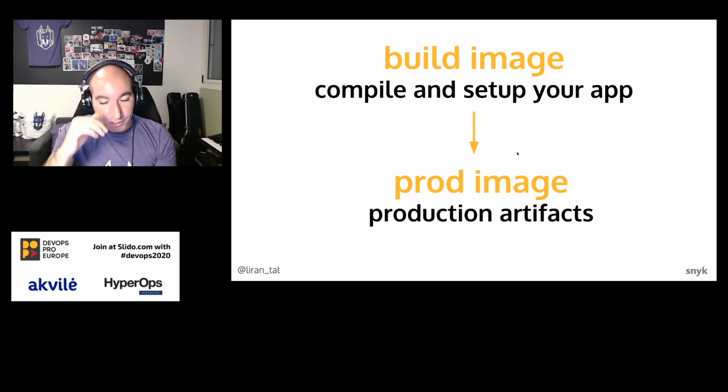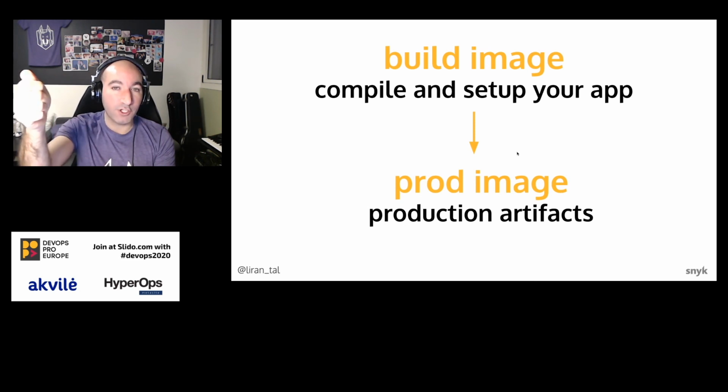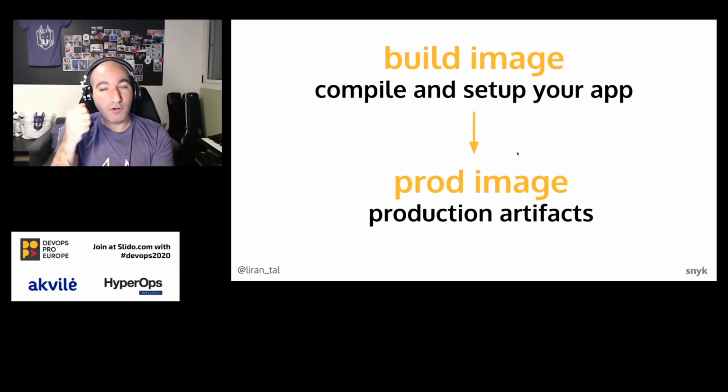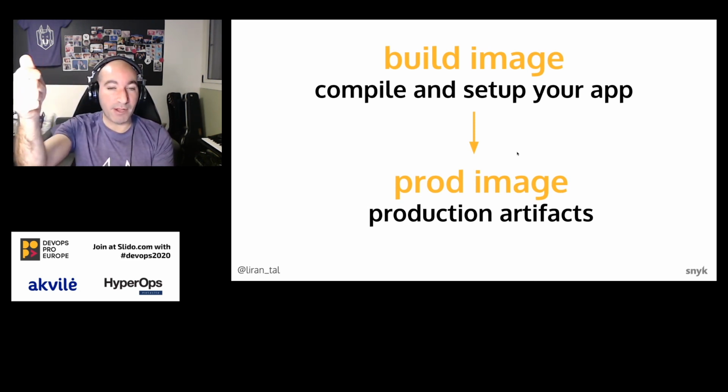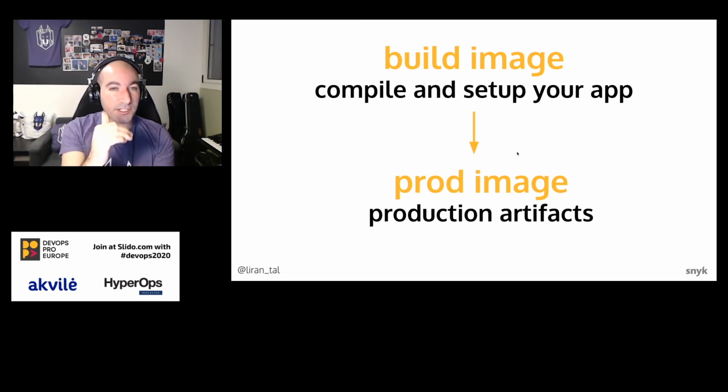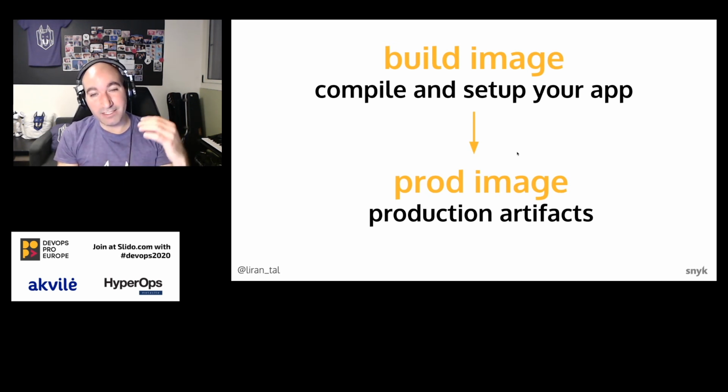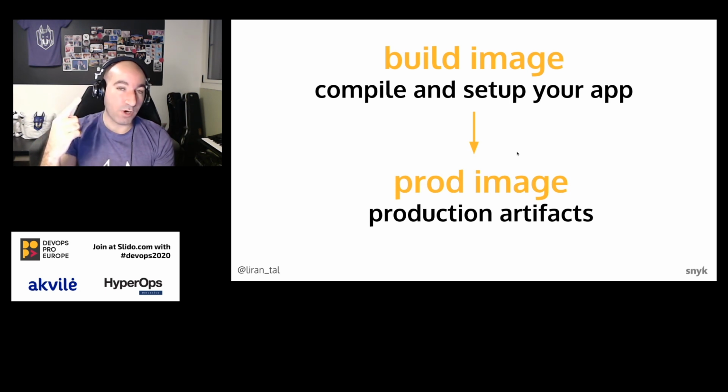But then I have a new image that will actually be used in production. And what I will do, I will take all the artifacts that I created from the build step. So when I compiled Go into the native binary, or I installed all the npm node modules, I'll take them out of that and then copy them to a new very slim base image without anything that I don't need, and it is then very small, goes back to my number one best practice, which is, prefer small base images.